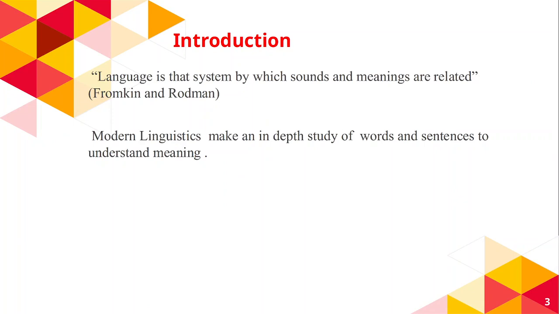Semantics is a part of linguistics, which is the study of language. Language, as we know, to quote Fromkin, is that system by which sounds and meanings are related. Modern linguistics makes an in-depth study of words and sentences to understand meaning.